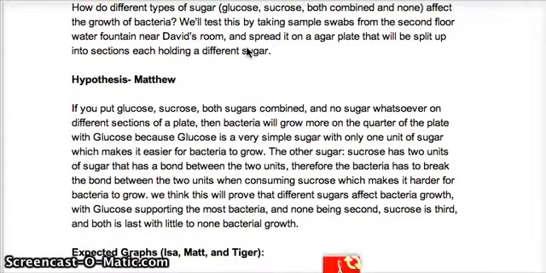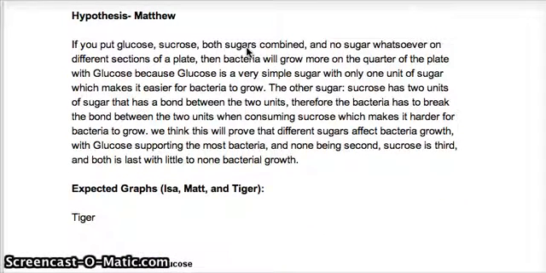We thought that glucose, because it's the simplest sugar, would have the most bacterial growth, whereas sucrose, which is more complex, would have less bacterial growth.